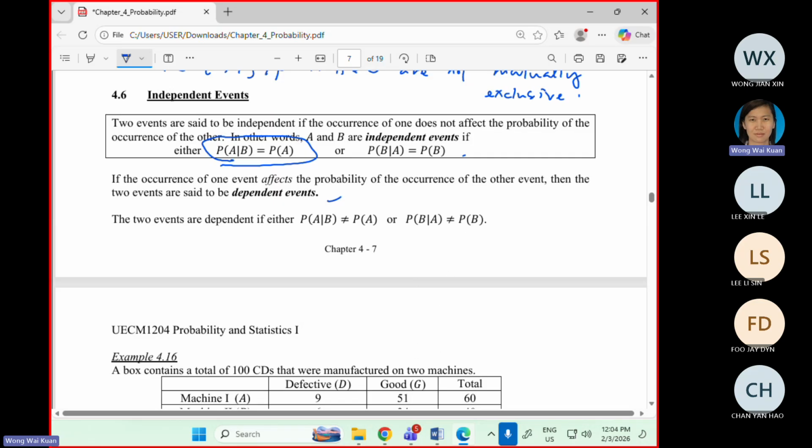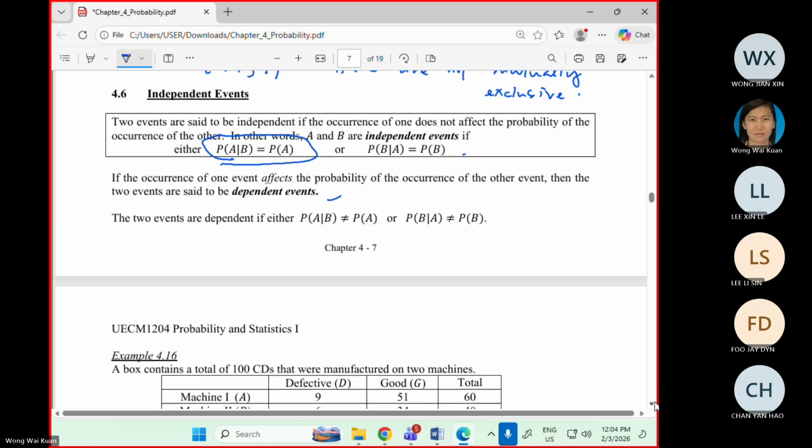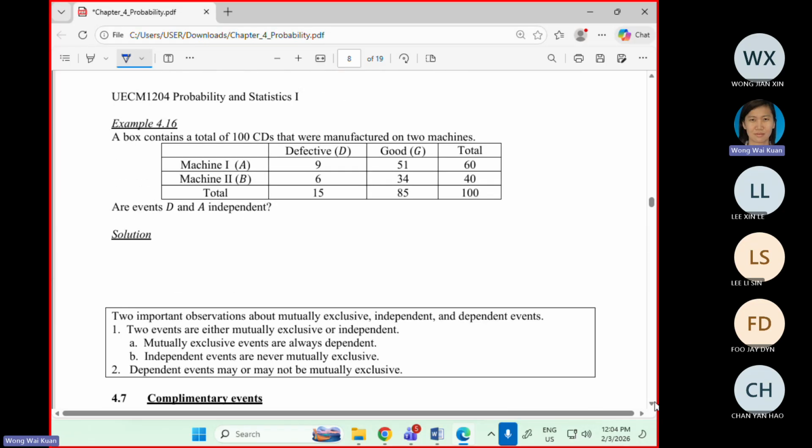Now, what happens with this? I have a box of 100 CDs, produced by two machines, machine A and machine B, and they are either defective or good.